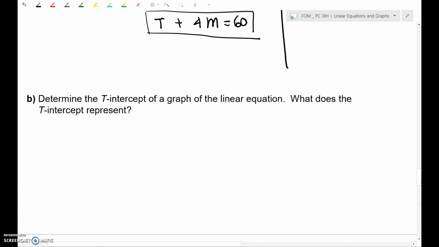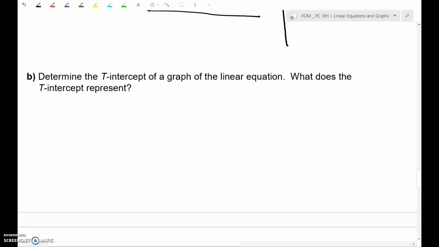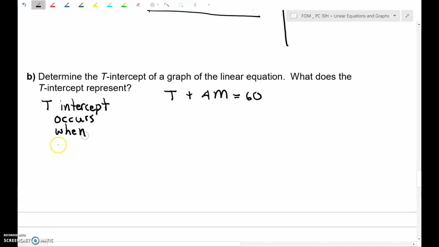Okay, determine the t-intercept of a graph of the linear equation. What does the t-intercept represent? Well, our equation is t plus 4m equals 60, and our t-intercept occurs when m equals 0.